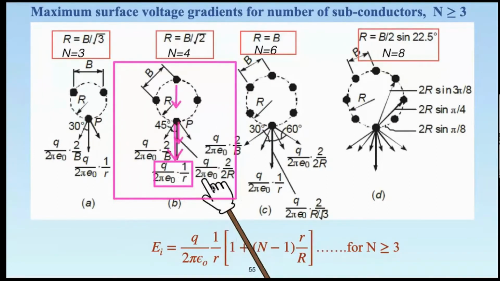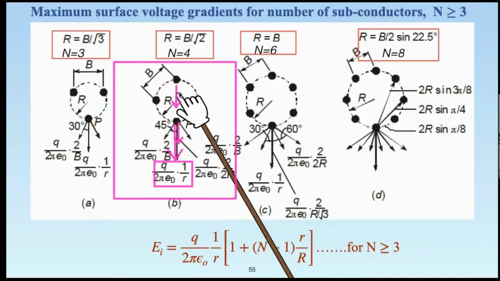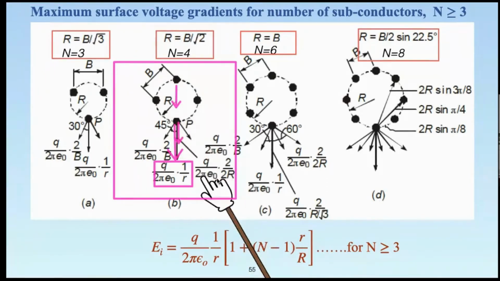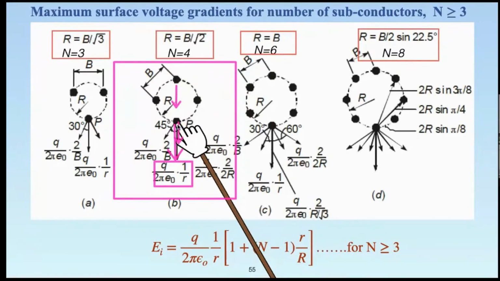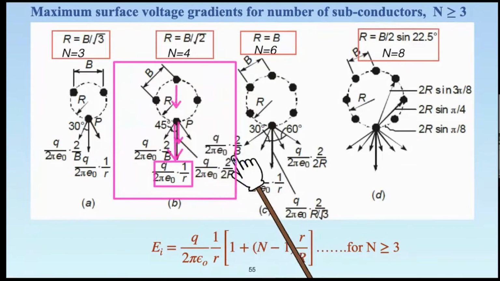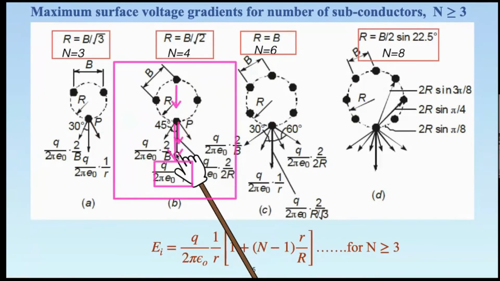That larger arrow you can see here. It is with a stress doubling. The distance here is twice R. So it should have been written 1 by twice R, but stress doubling, it is causing 2 upon twice R. So distance from this point to this point is twice R. So 1 upon twice R multiplied by 2. So Q upon twice pi epsilon 0, 2 upon 2R. This is the second term.